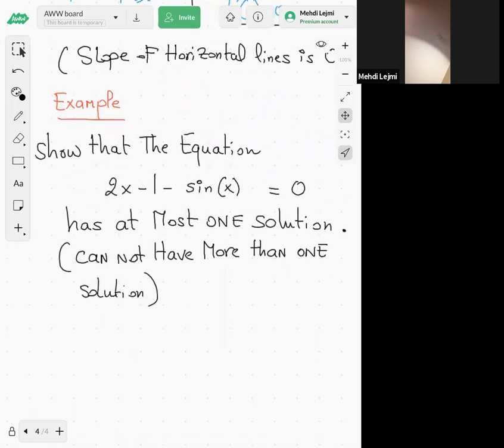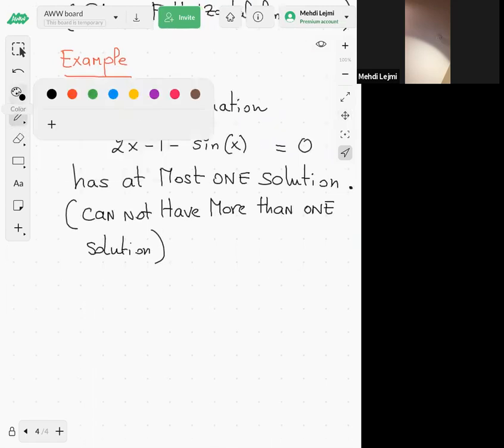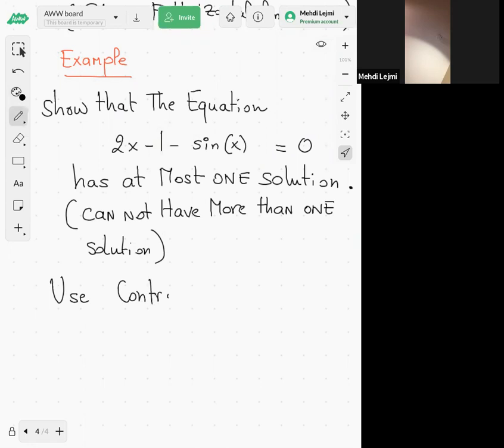To prove that, we're going to try to prove it by contradiction. I'm going to suppose that I have 2 different solutions, and then I'm going to end up with some contradiction.